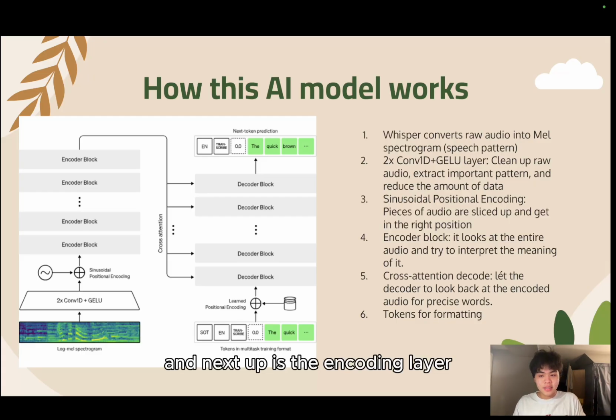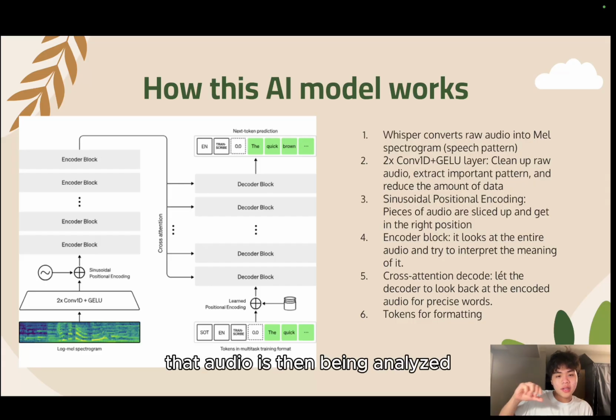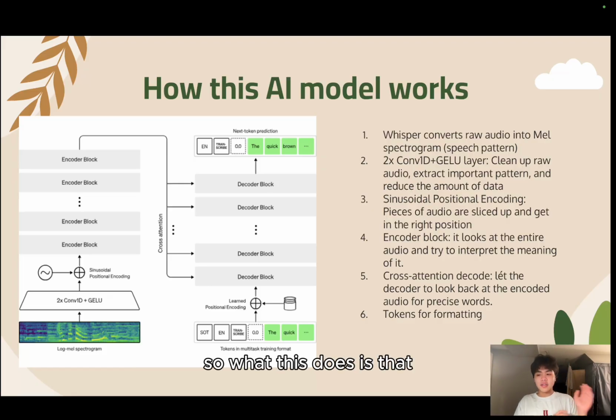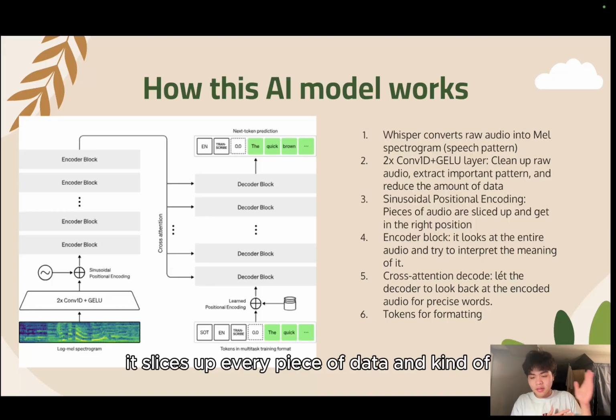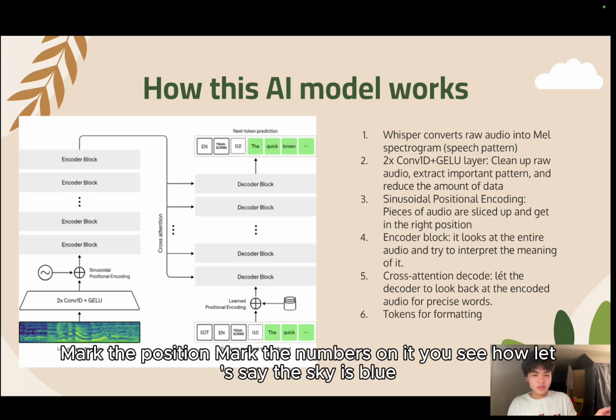Next up is the encoding layer. The audio is then analyzed through a sinusoidal positional encoding. What this does is slice up every piece of data and mark the position, mark the numbers on it.